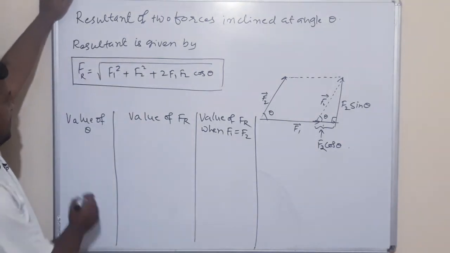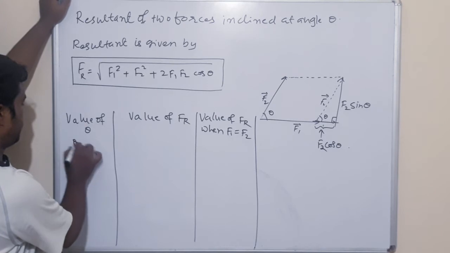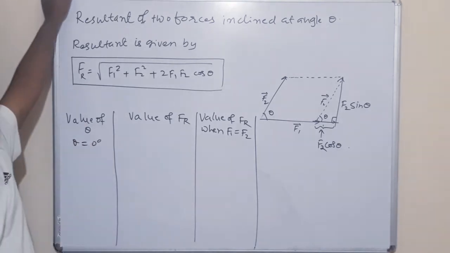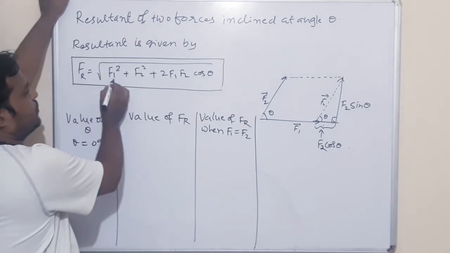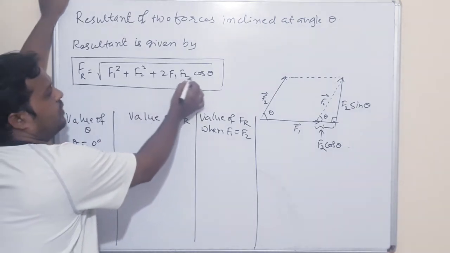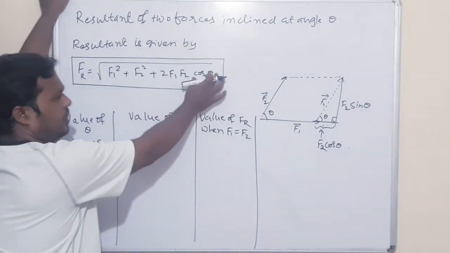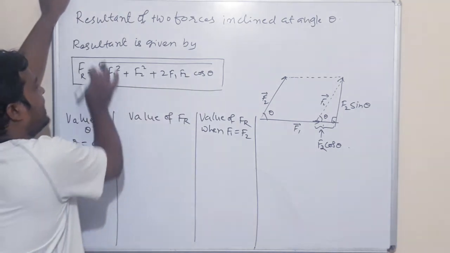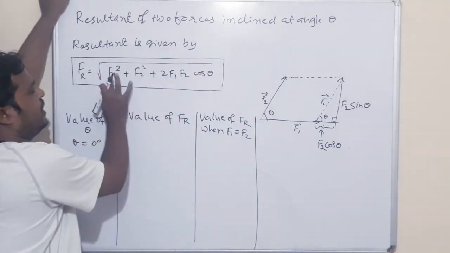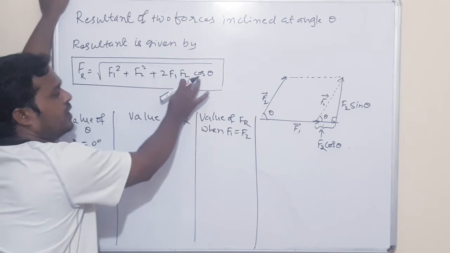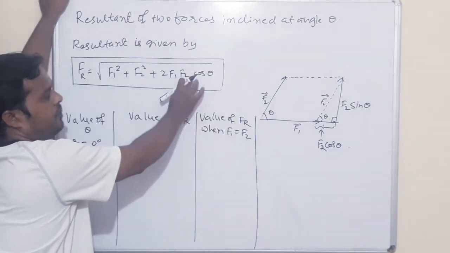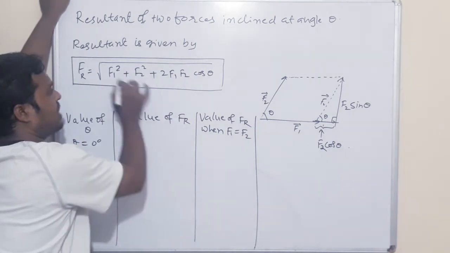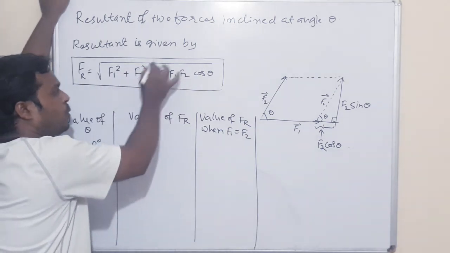Then if the value of theta is 0 degree, what is Fr? See, root of F1 square plus F2 square plus 2 F1 F2 cos 0. Cos 0 is 1. Then inside root, this will be F1 square plus F2 square plus 2 F1 F2. That means A square plus B square plus 2AB form. That means inside root I will get F1 plus F2 whole square.